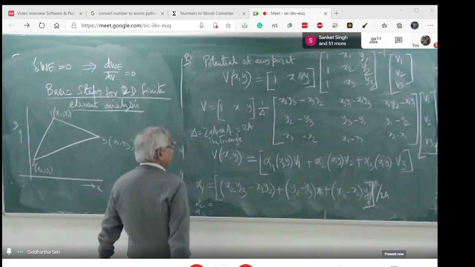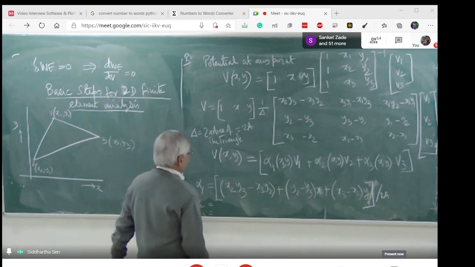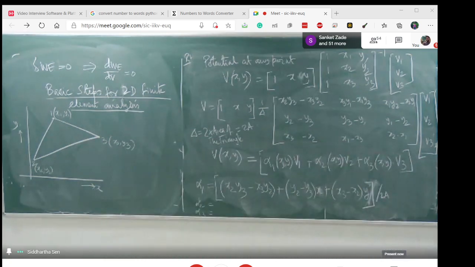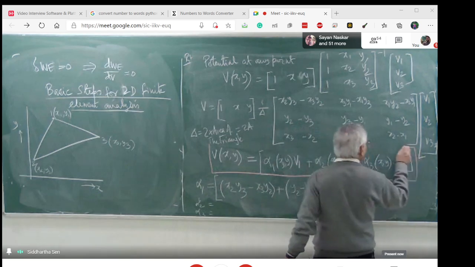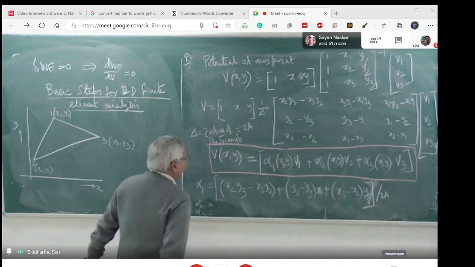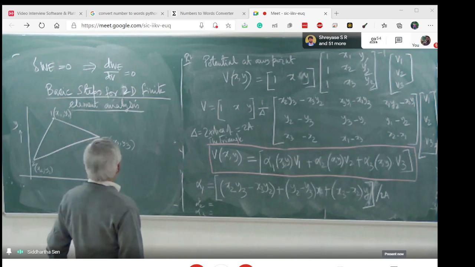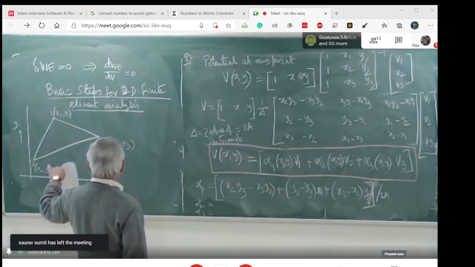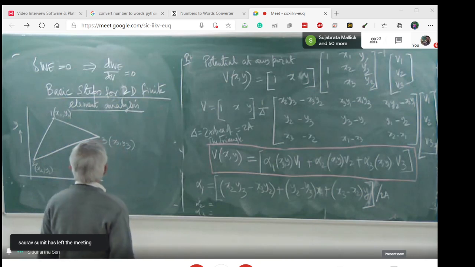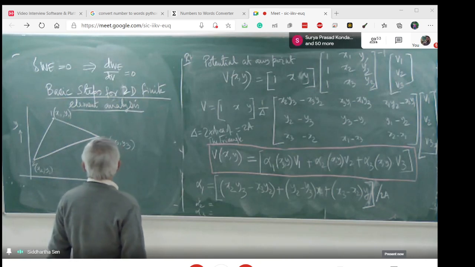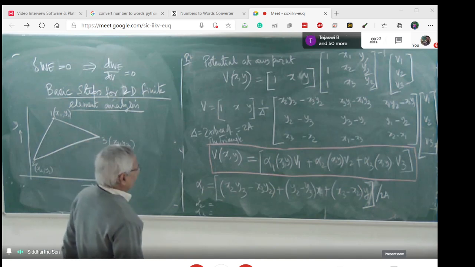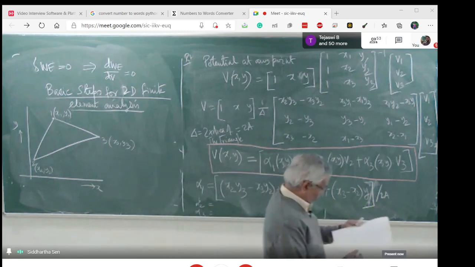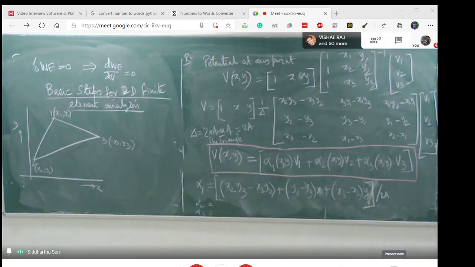What I wanted to say is that it is possible to express and obtain the potential distribution at any point inside the triangle by this expression, provided we know the values at the three vertices. Is it okay? Any question?